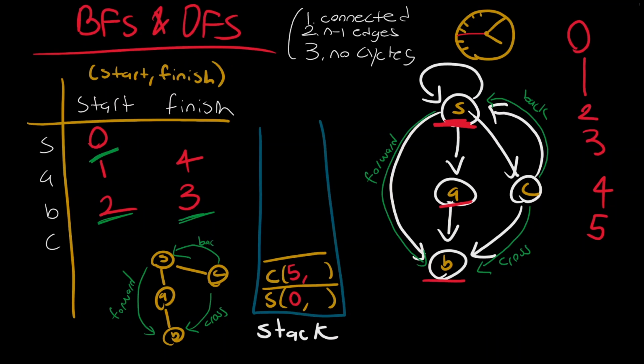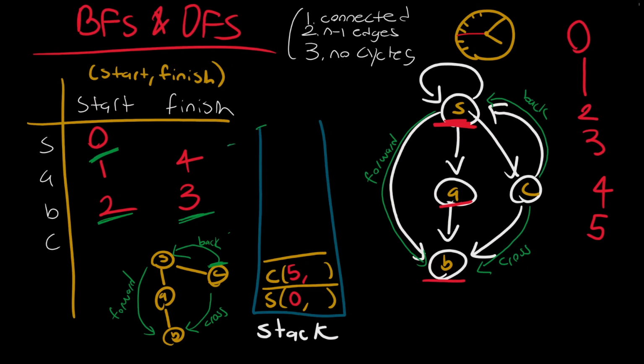This is a back edge. Remember, these edges are not in the tree. This edge is going back to an ancestor in the tree. Here, S pointing to S, there's no classification for it because it's not greater than or less than in starting times or finish times.